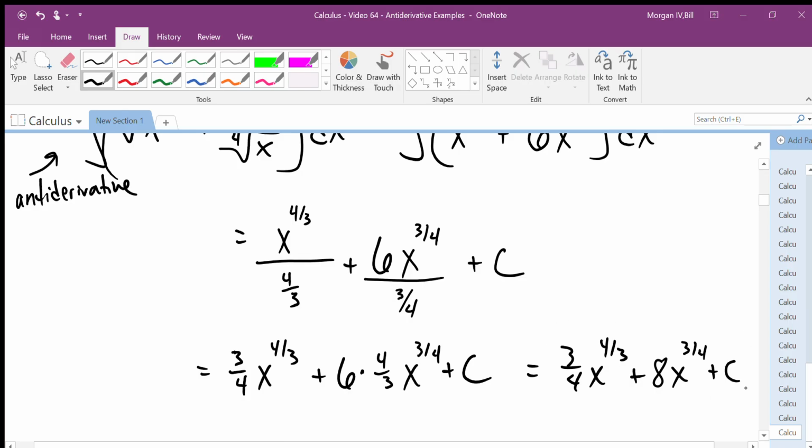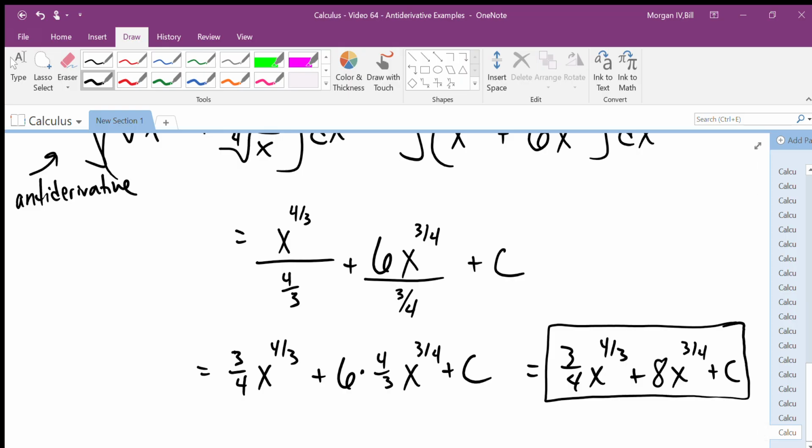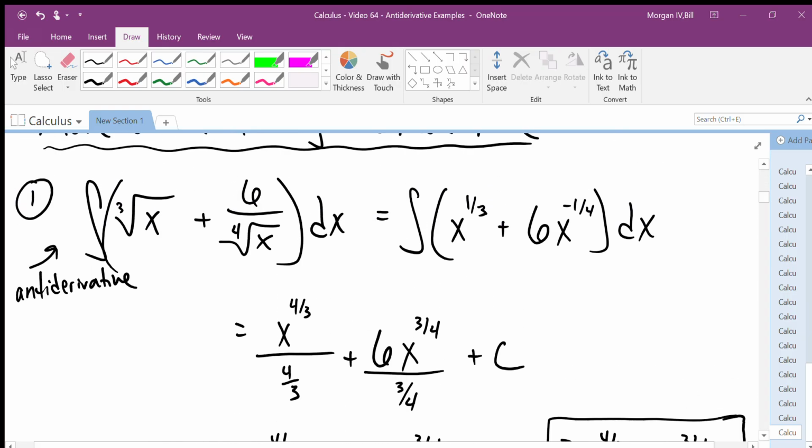Don't forget the plus c at the end. Right, that is the antiderivative. I'm not going to check these, but you could check this. You could take the derivative here and see that you end up with x to the 1/3 plus 6x to the negative 1/4.